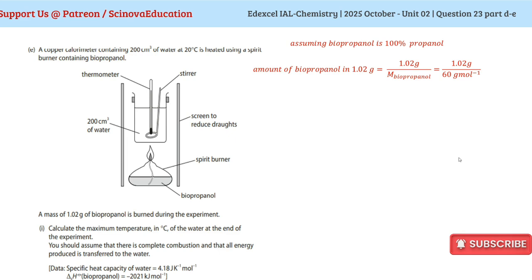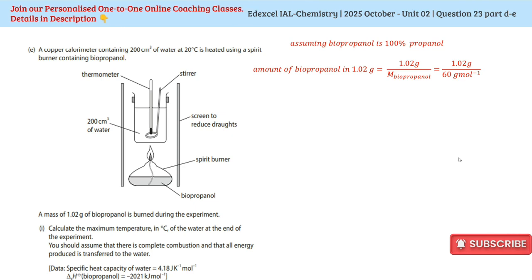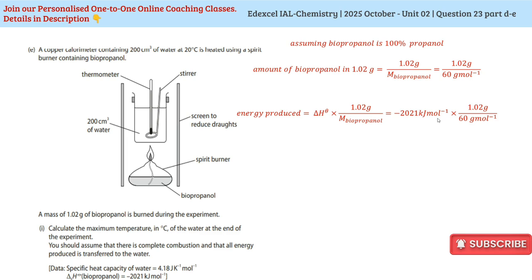So that value I'm getting as 60 grams per mole. I'm dividing the mass of biopropanol burned, that is 1.02 grams, by 60 grams per mole to get the amount of biopropanol that is burned, because I know the molar enthalpy of biopropanol. So I should know the amount of biopropanol actually burned in this experiment. To do that, I can multiply the molar enthalpy by the amount of biopropanol that is burnt.